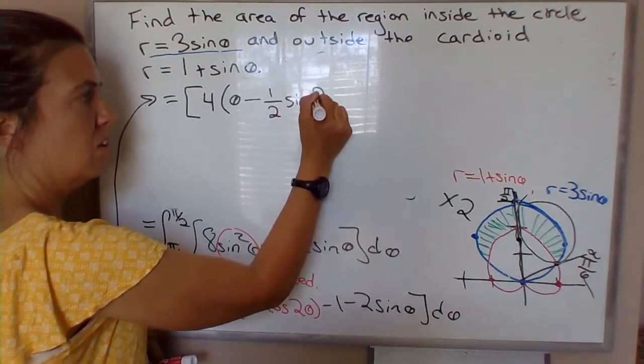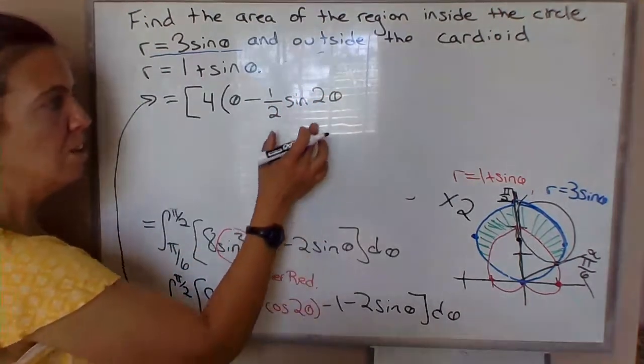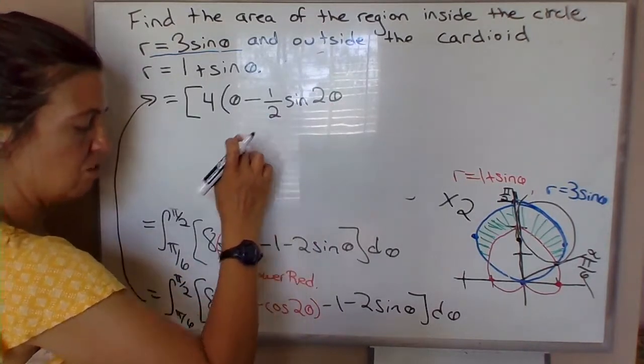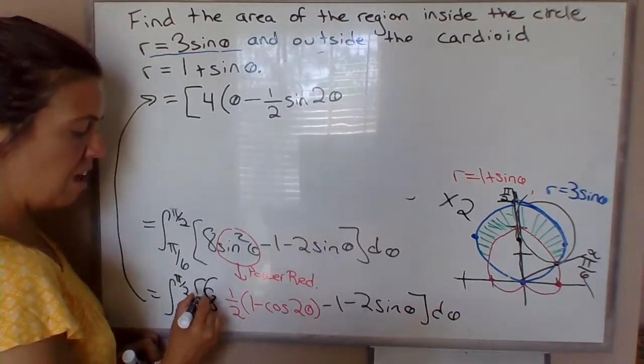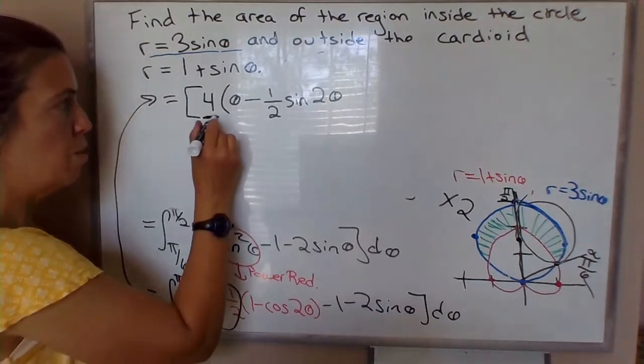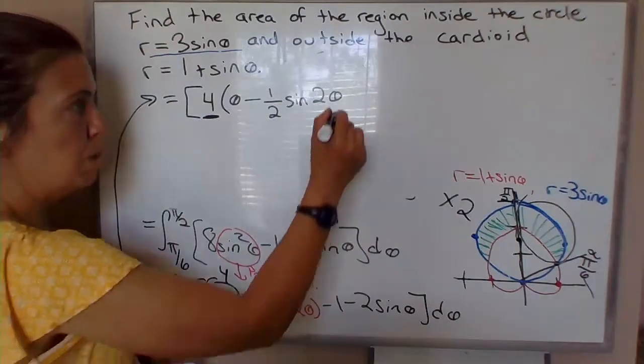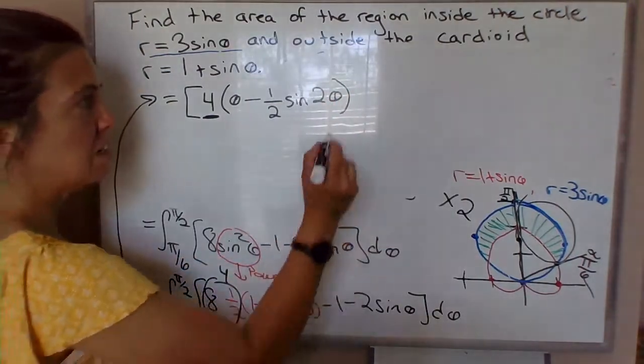So 1/2 sine of 2 theta. Remember, you can always check by taking the derivative of this. Derivative of sine is cosine. 2 theta times 2 would cancel this. And again, this 8 times 1/2, this is 4. That's the 4 I put right here. So we're good. We got an antiderivative of this piece.